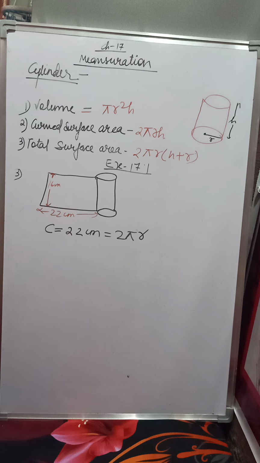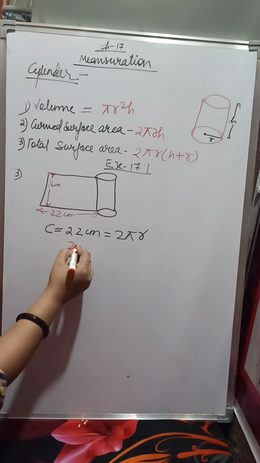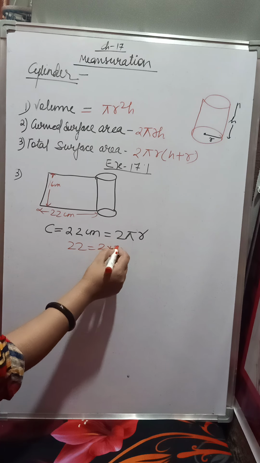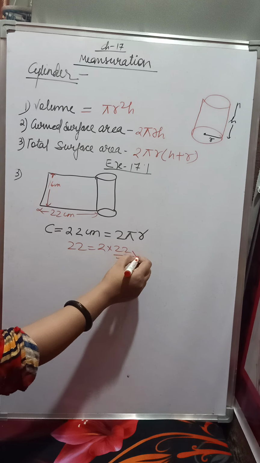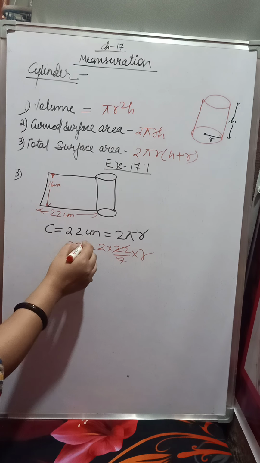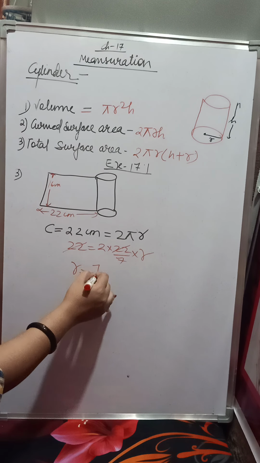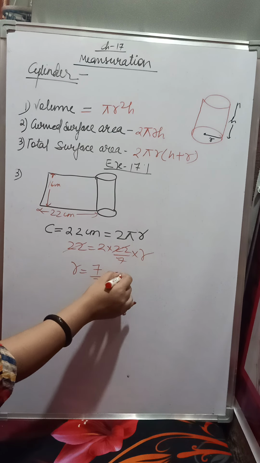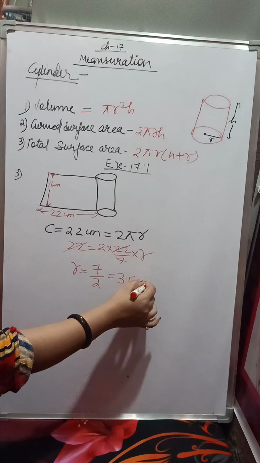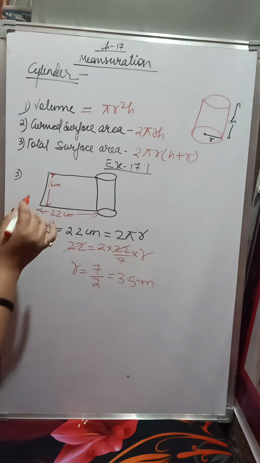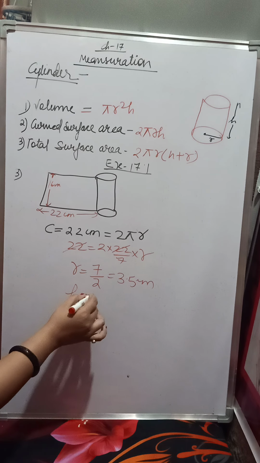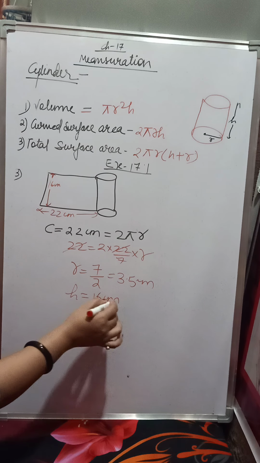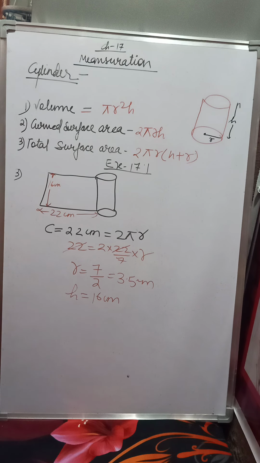So with this we can calculate the radius. 22 is equal to 2 into 22 by 7 into r. 22 is cancelled out, so r is equal to 7 by 2. This is 3.5 centimeter radius. And the height is 16 centimeter. You have to get the volume.